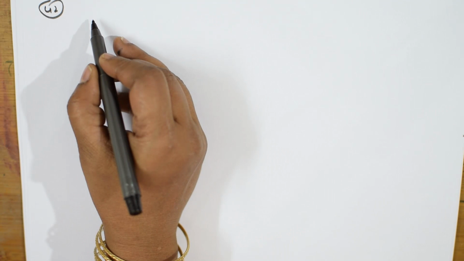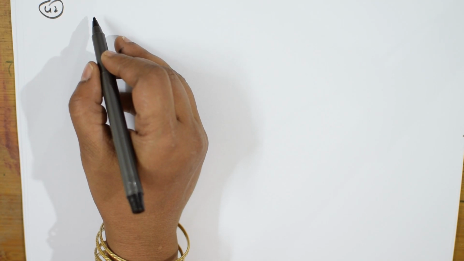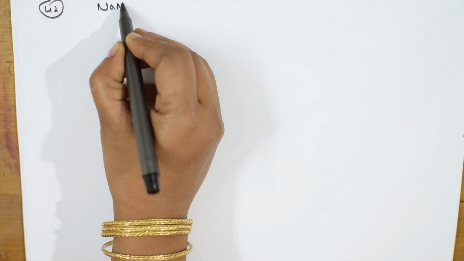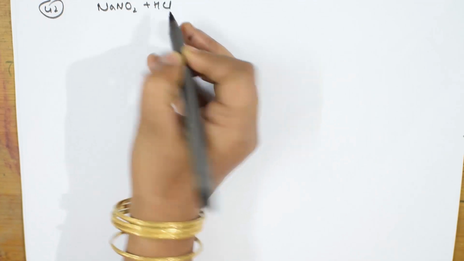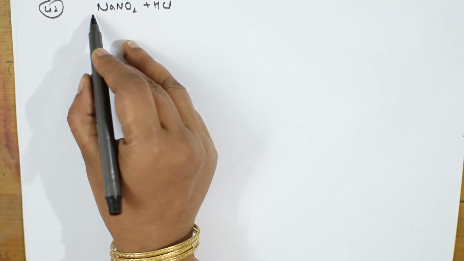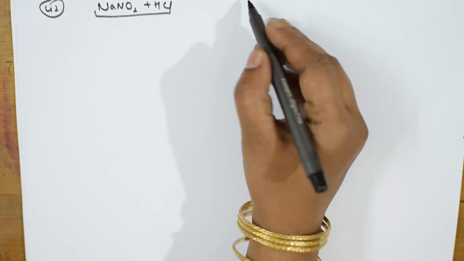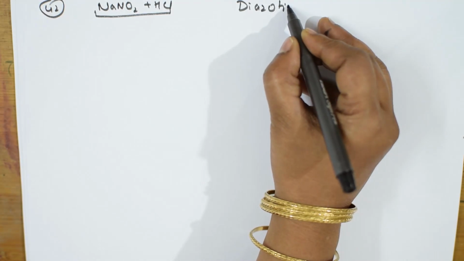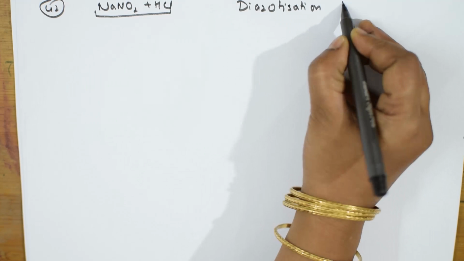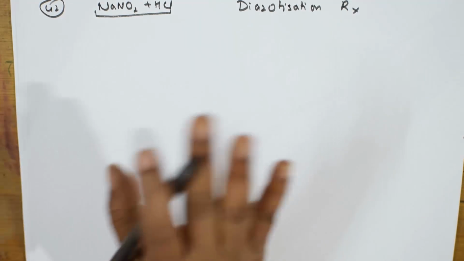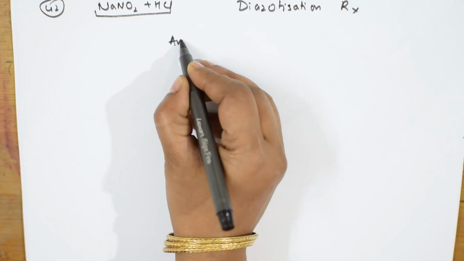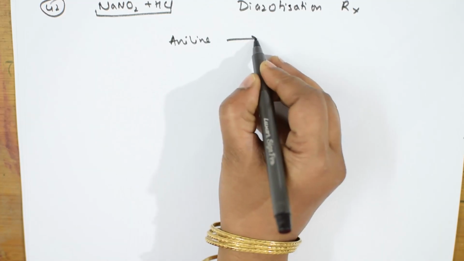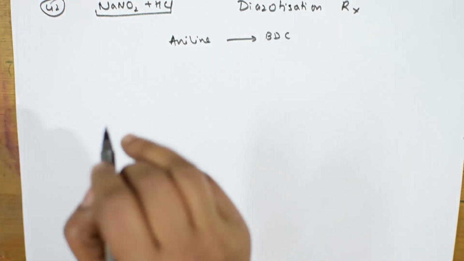Now let's come back to the last chapter, that is amines. Basically, NaNO2 plus HCl. Whenever you see this, what reaction is it? This is called a diazotization reaction. Your aniline is getting converted to BDC, that is benzene diazonium chloride.